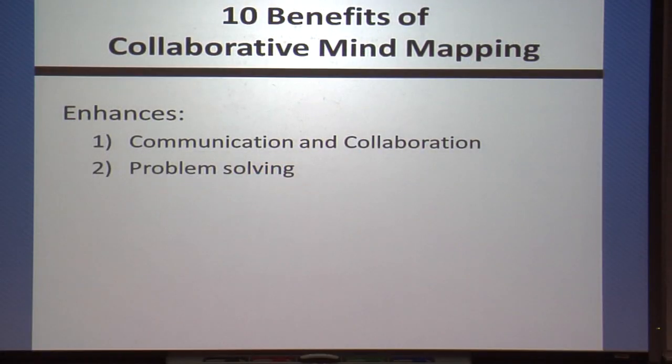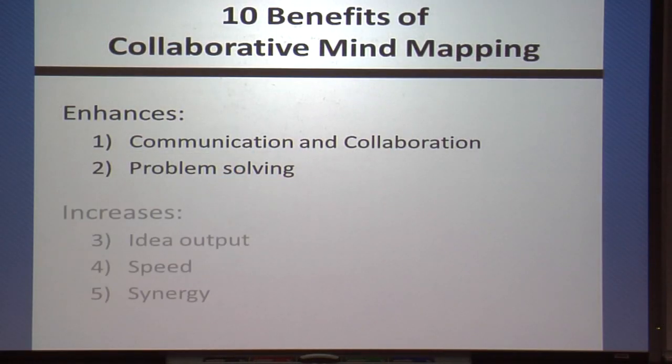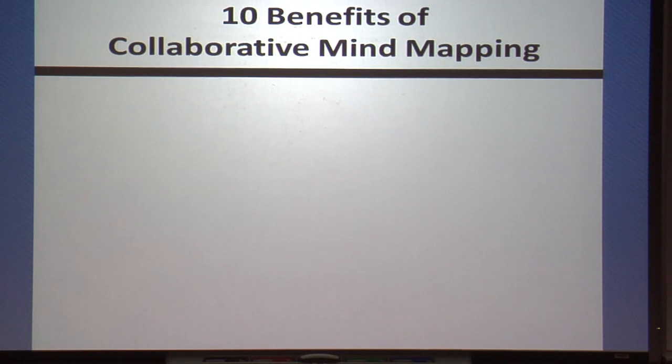Now, 10 benefits of collaborative mind mapping are that, one, it enhances communication, like your ability to communicate with your team and as a team, and that's your collaboration side. It also enhances problem solving. It increases idea output because you've got more people generating ideas at the same time, and that's carrying the thinking process faster, so increasing speed, and because you're all working together, you have that synergy.